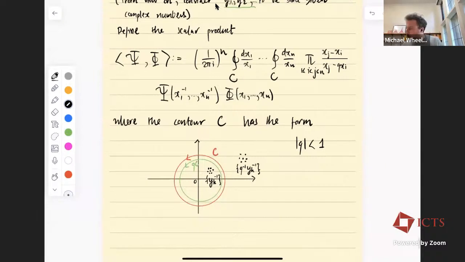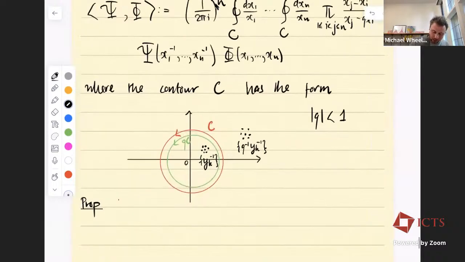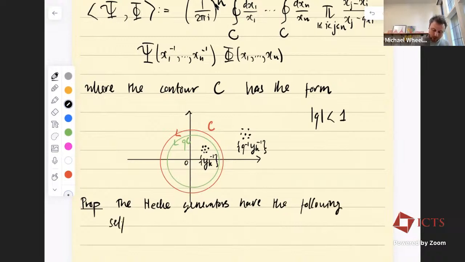And then one has the following proposition. I forget what number we're up to, but it doesn't matter. The Hecke generators have the following self-adjointness property with respect to this scalar product.